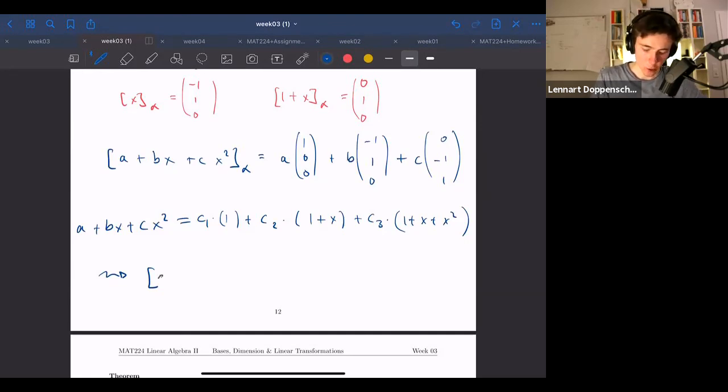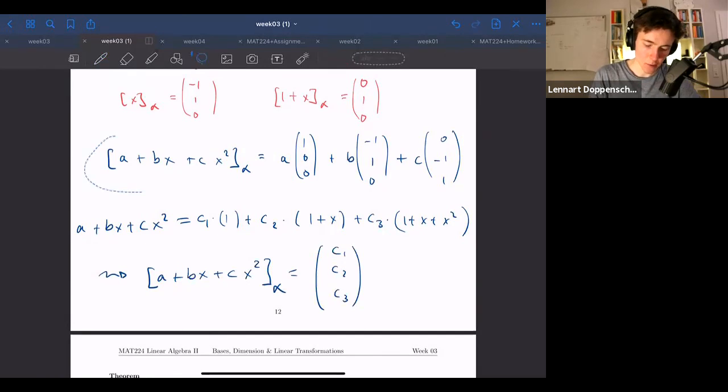And then the coordinate expression of this polynomial would be the 3-tuple of C1, C2, C3. It doesn't really matter that these coefficients are unknown. It's just a polynomial like everything else.